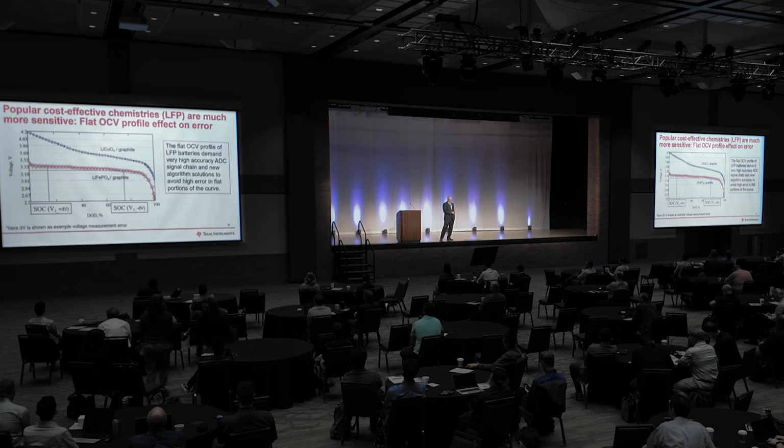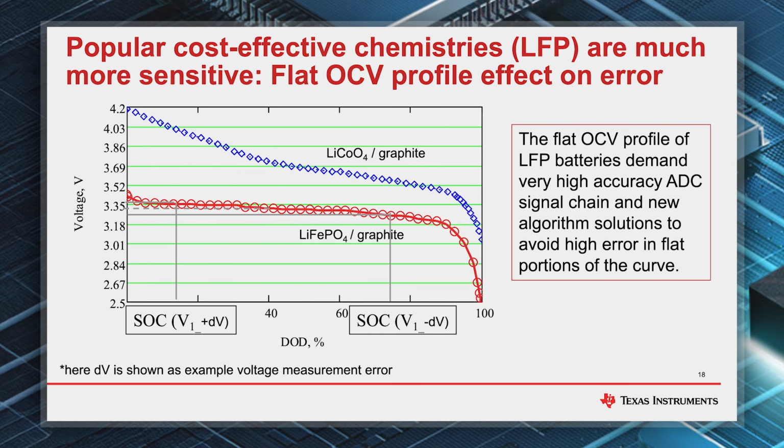Here are a few words about the difficulty of gauging. If you compare the traditional lithium cobalt oxide voltage profile with the LFP voltage profile, you can see the difference right there. For the same amount of voltage change, you will have just less than 1% SOC change for LFP, and up to 15% SOC change for this chemistry. So how do we address that?